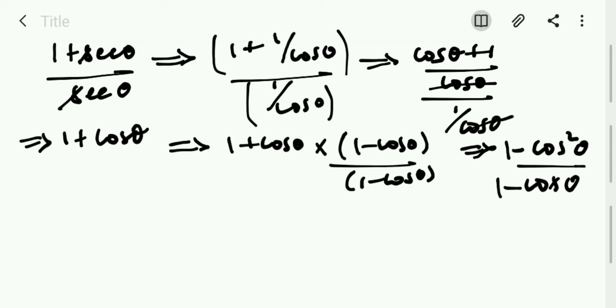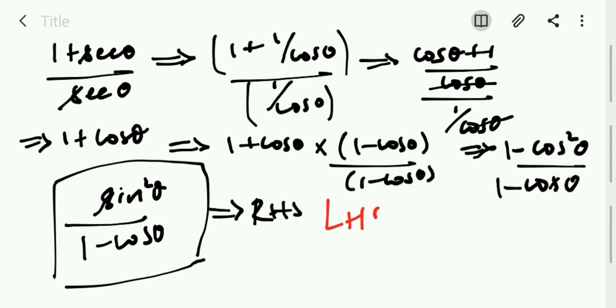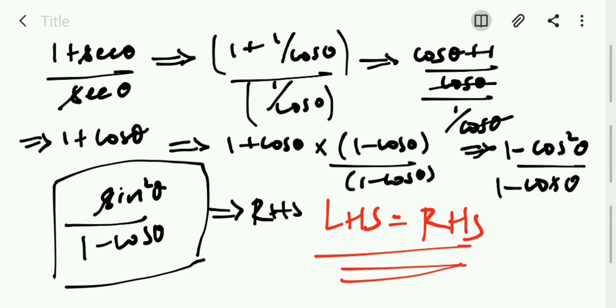So 1 minus cos square theta is nothing but sin square theta by (1 minus cos theta). Look, we got our RHS. So we can show that LHS is equal to RHS, hence proved.